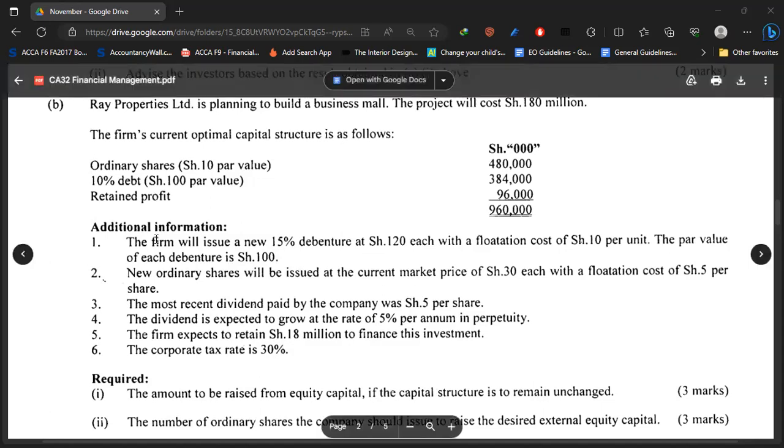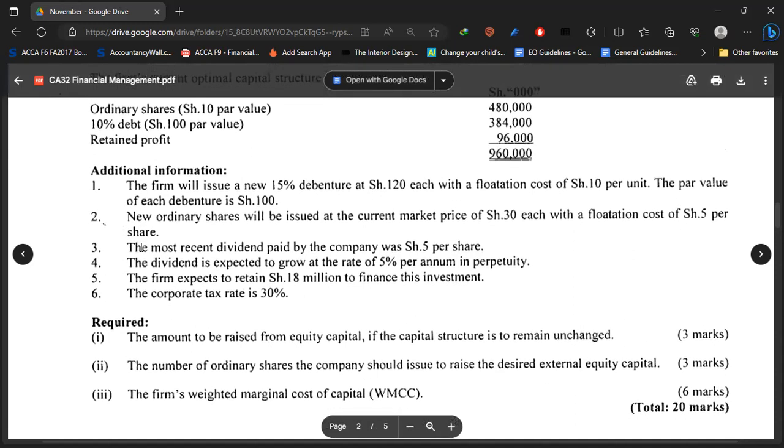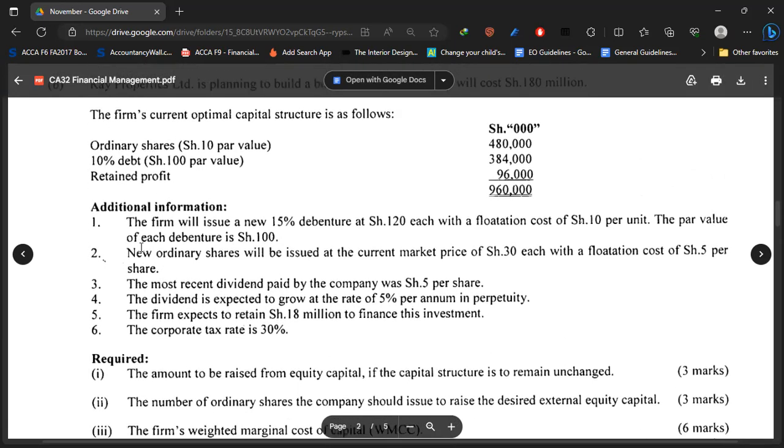Thank you so much. I can see we have good requirements there, which we are being required by the examiner to work on. What I can see is that we were being asked how much we can raise from equity capital if the capital structure is to remain unchanged. That is one.